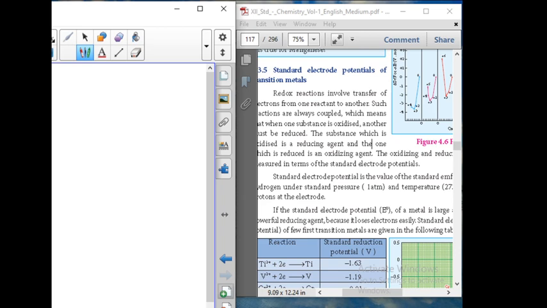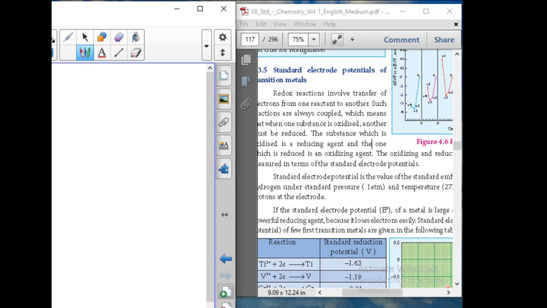You have to memorize this key concept first. A redox reaction involves the transfer of electrons from reactant to product. In any chemical reaction, one substance undergoes oxidation and another undergoes reduction. That means one substance acts as the oxidizing agent and another acts as the reducing agent.